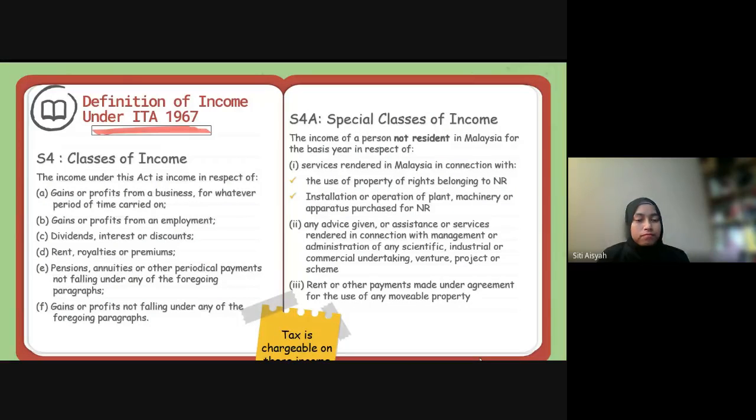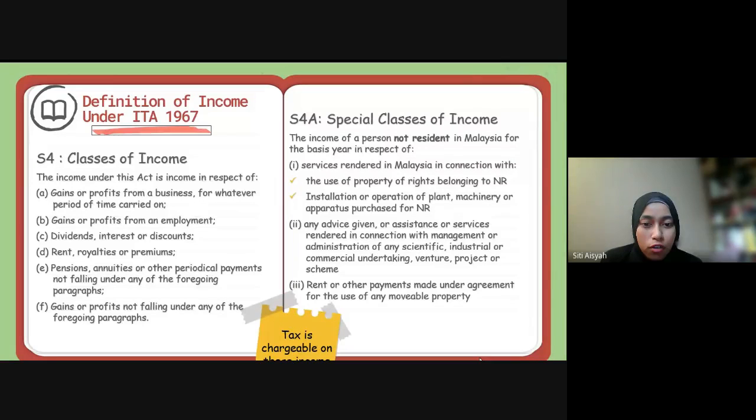Since the income receipt is subject to income tax, it is important to examine the boundaries. Under the Income Tax Act 1967, the classes of income are categorized in Section 4 and Section 4A of the Act.